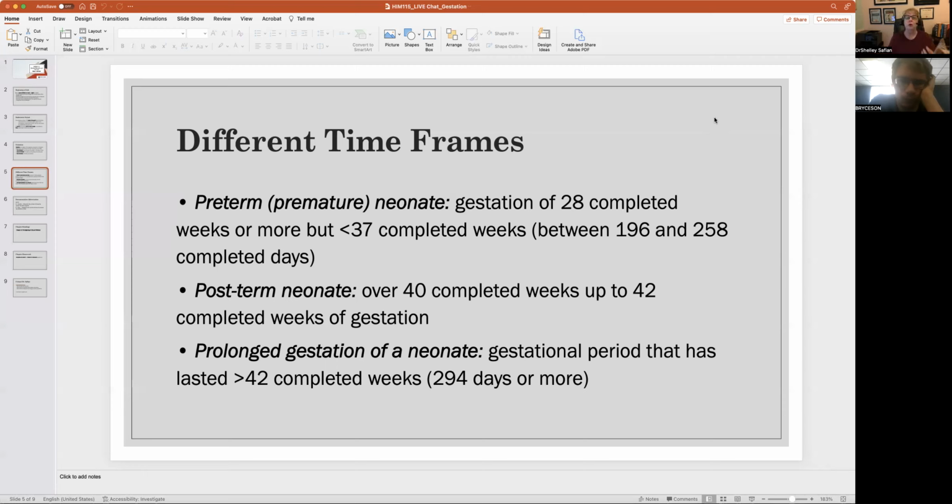Okay. So this is an important thing. Why? Because when this is documented, this gives a heads up to the neonatologist or the pediatrician to be alert for. One of the examples is respiratory conditions, because the lungs are the last organ system to develop.